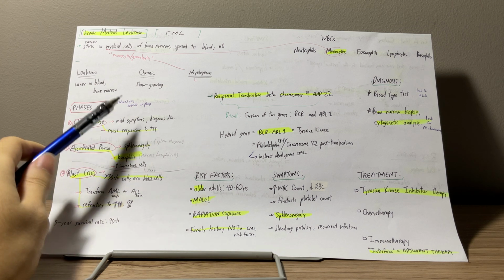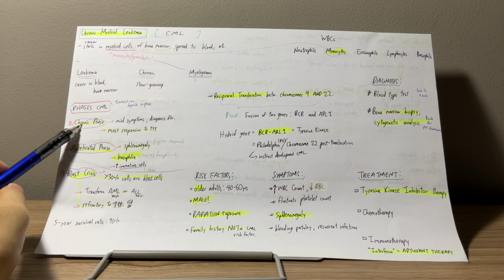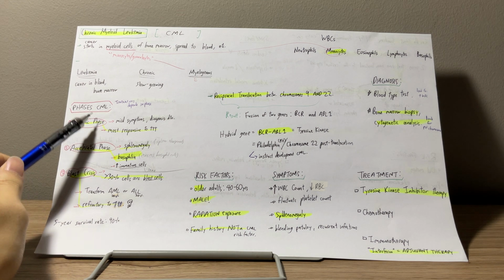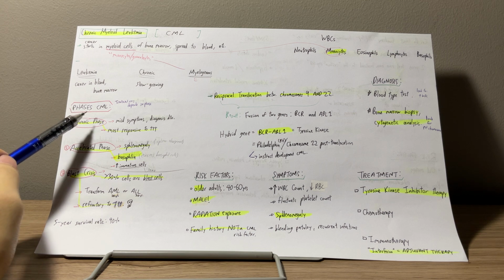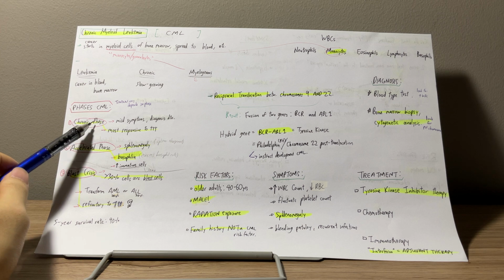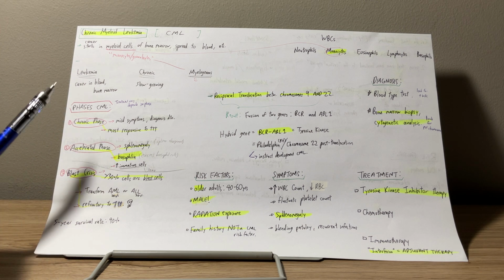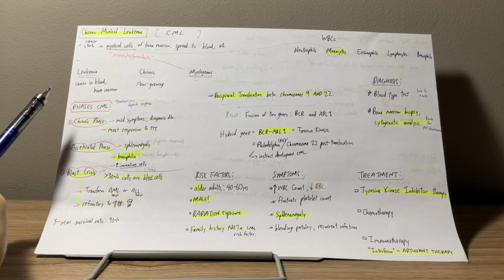This is the abbreviation. But essentially, the idea is during the chronic phase, when you treat your CML, there's a good chance that you will recover. Because medications are most responsive, or basically medical treatment is most responsive during this phase, the early phase.